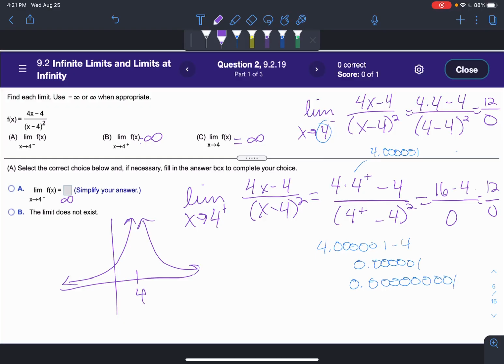As we approach 4 from the left, let's trace it. We go up, up, up, and we continue growing without bound. So that's why it's infinity. And then if we trace it from the right towards 4, my function keeps going up, and also to infinity.